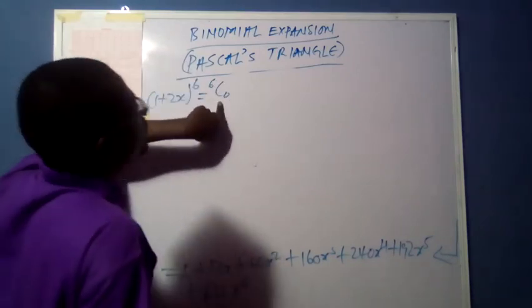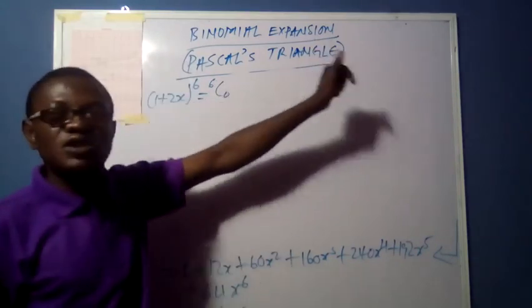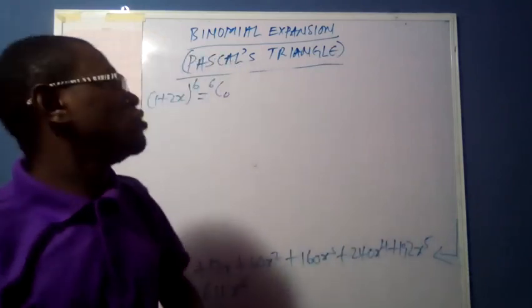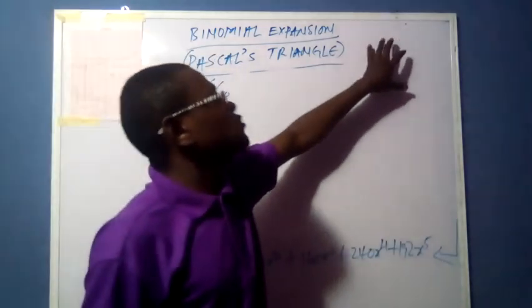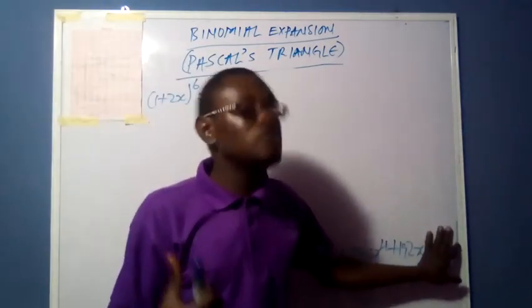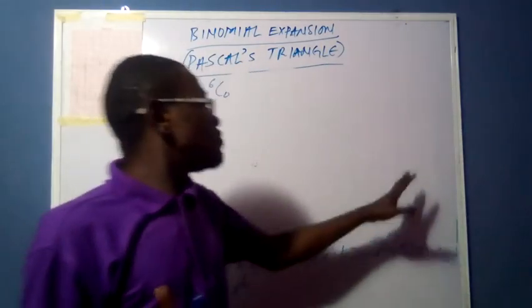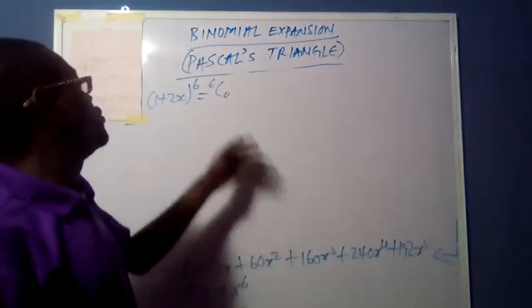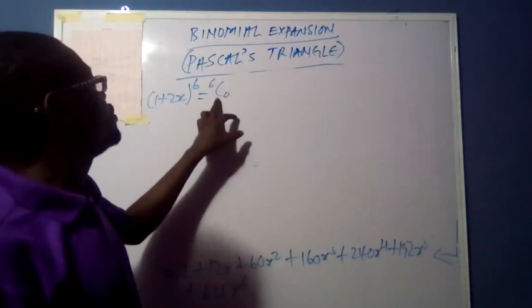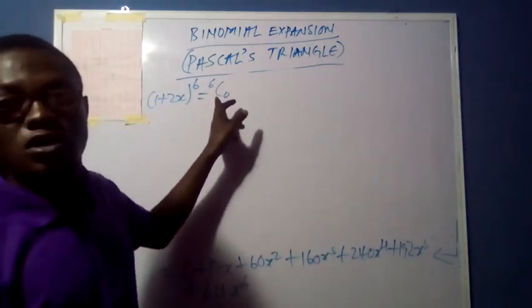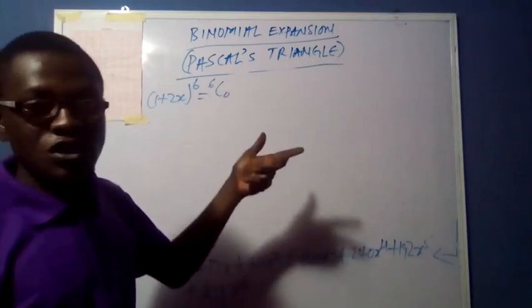We are going to be using combination for our initial coefficients, just like the way we used Pascal's triangle in our previous video for our initial coefficients.